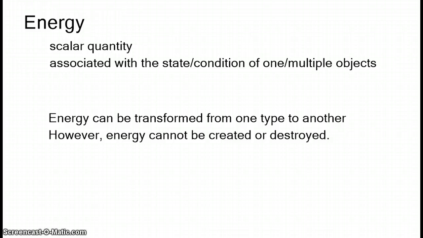The idea of this fundamental law is that we can neither create nor destroy energy. It has to come from somewhere. So we can take energy in one form and transfer it to another form. Energy can be transformed from one type to another, but we can neither create nor destroy energy.